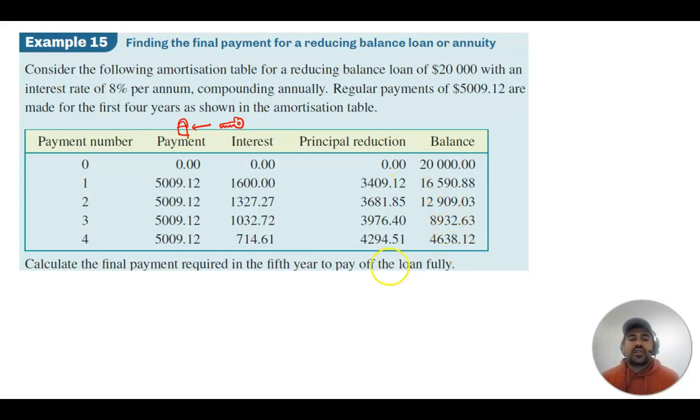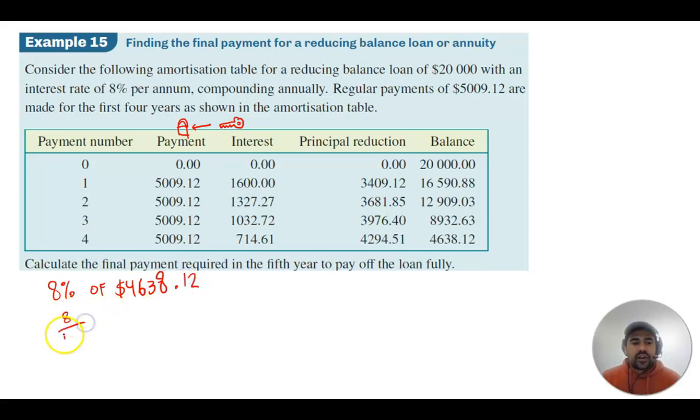The first thing we need to know is how much interest is going to be put on the remaining balance. So we know that this is at 8% per annum compounding annually. So there's no compound breakups into 12s or quarterlies or anything. This is just 8%. And what we need to do is find 8% of the remaining balance, which is $4,638.12.